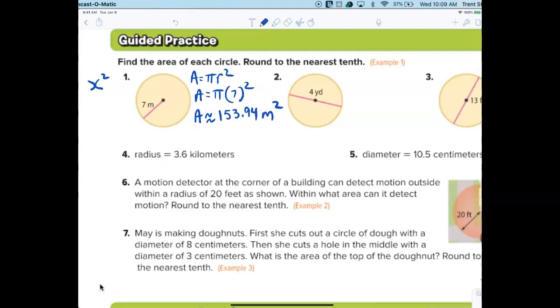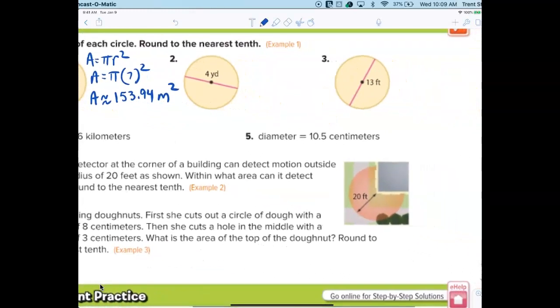All right, Mr. Thatch, you're up. Number 2, what's the formula? The formula is A equals pi r squared. Good. What's the radius? The radius is 2 yards. Right.